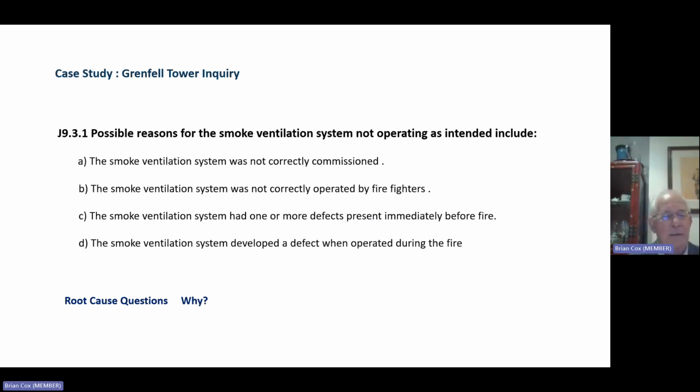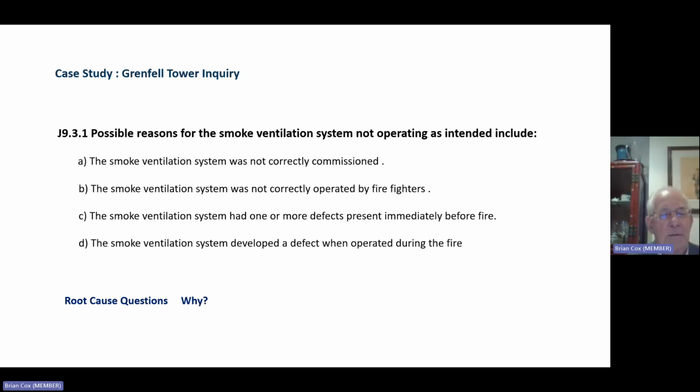Dr. Lane's investigations showed that the smoke ventilation system had not operated correctly. So she then asked these 4 questions, which are really very typical root cause questions.